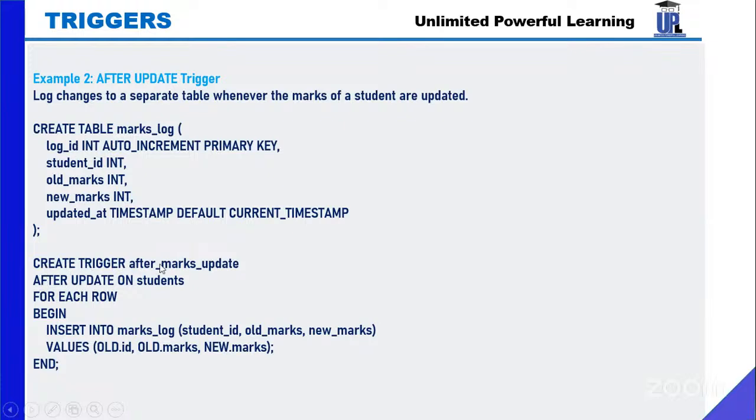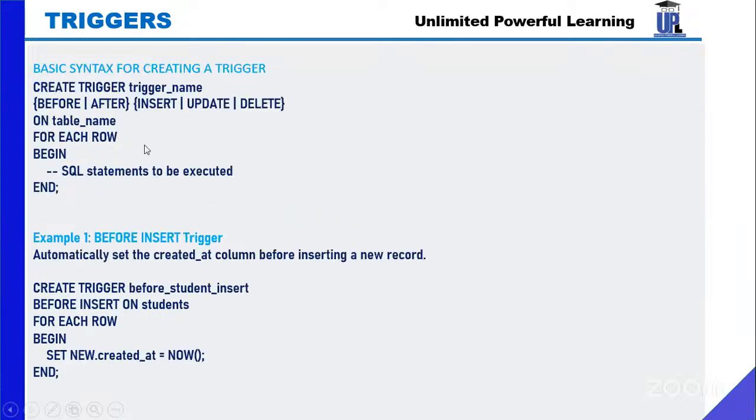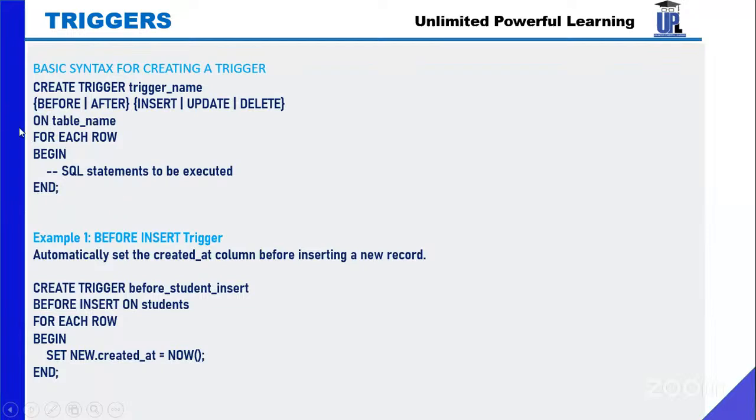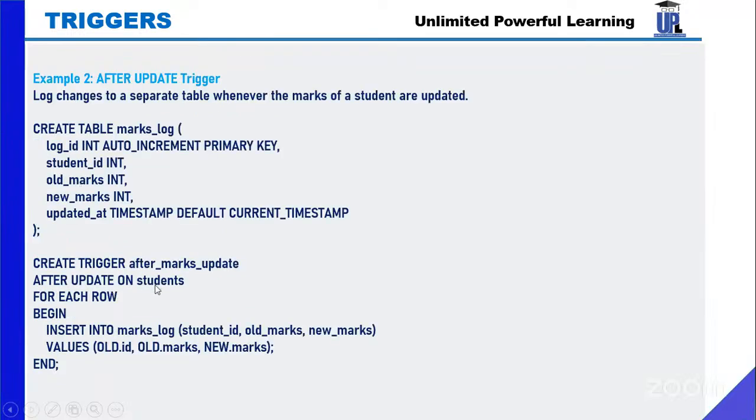So what to do for that? Create trigger after marks update. As I said, after update on which table name, for each row, begin. What are we doing? Whenever you are updating on a student table, it has to go to this marks log.